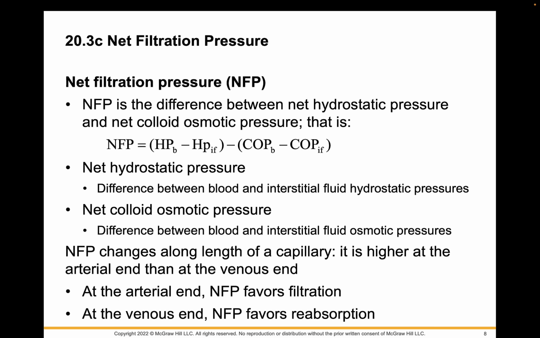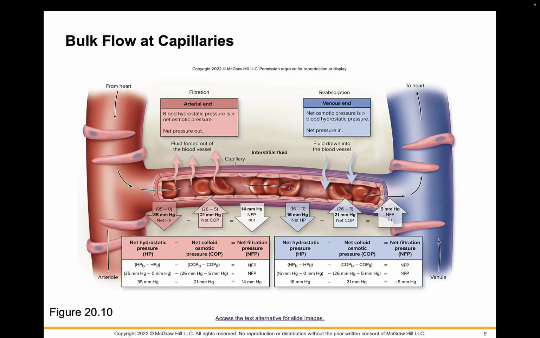Now remember, this capillary hydrostatic pressure declines as we move across the capillary bed. So we will get to the point when capillary hydrostatic pressure is less than capillary oncotic pressure. So now this will favor reabsorption, and it's the force exerted by proteins pulling fluid back into the capillary.